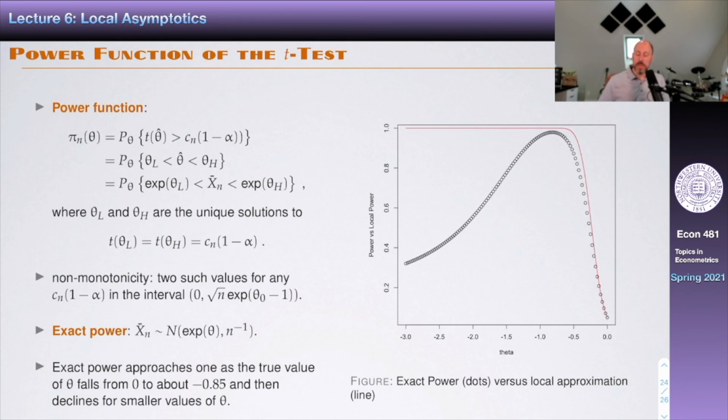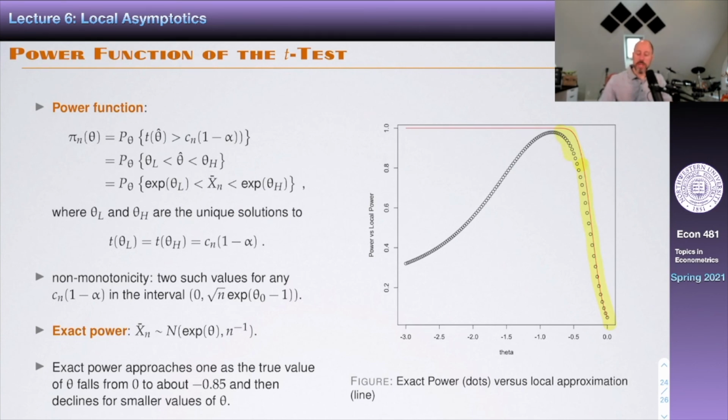So what do you see here? Well, notice that when you focus on thetas that are close to the null, the local approximation is actually quite good. Okay? You see how the red and the circles are close to each other. You can even extend this up to here if you want. Well, that's very good.